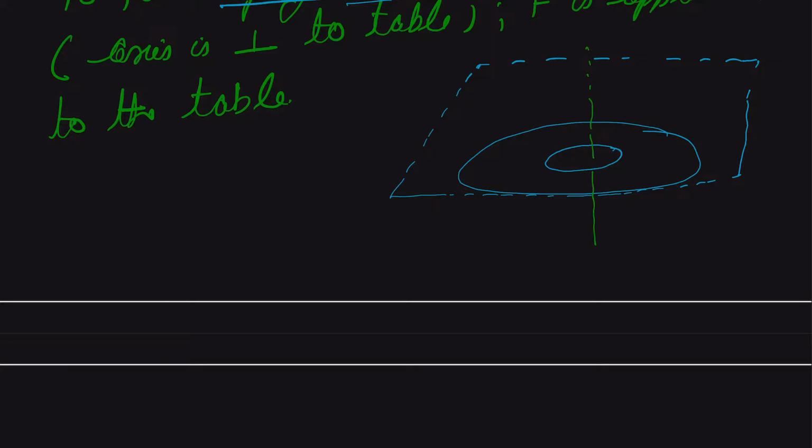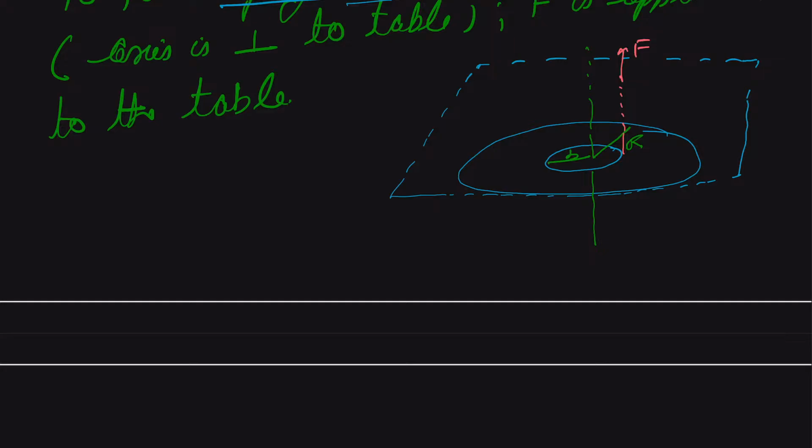So inner radius once again is B, outer radius is R, and it is being pulled by the same force F. Okay, there is no change in this. Now if we look at the yo-yo, we can clearly see that the wheel which rotates is of slightly larger radius as compared to the inner one.